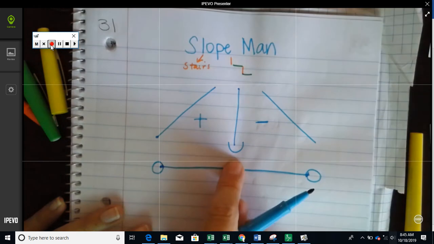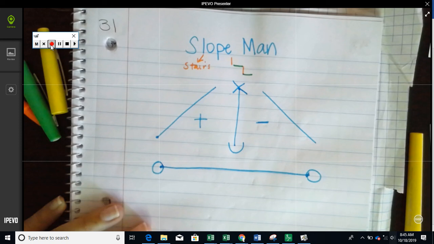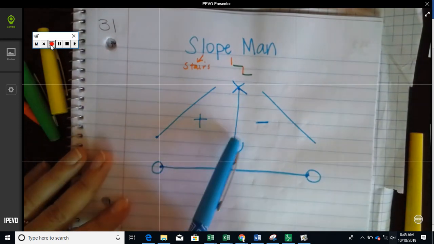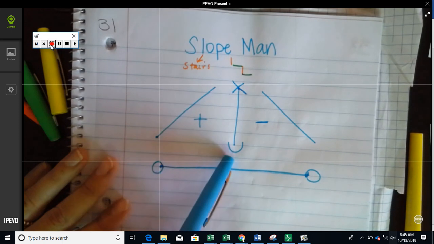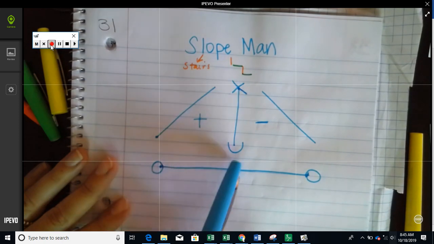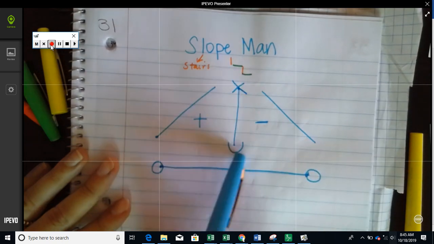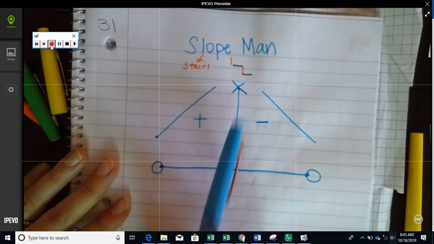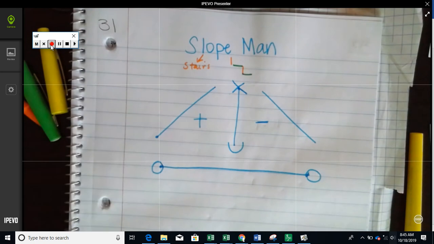That's a U for undefined. And the way your equation looks is it's going to start with x equals. All of the other equations are y equals, but if you have a vertical line as your graph, it's an undefined slope, and you don't need to run. You cannot run. It's only rising, so that's why your slope is undefined, because it's divided by 0. And your equation is going to be an x equals line.